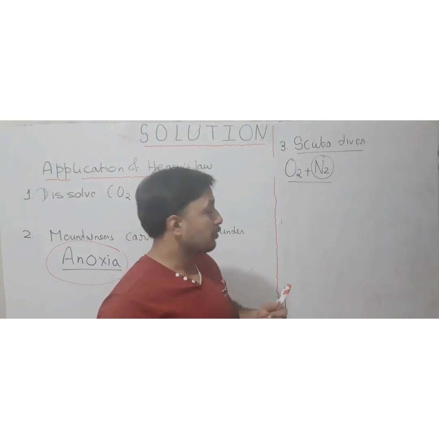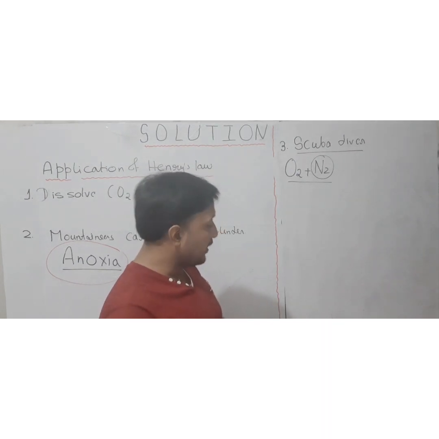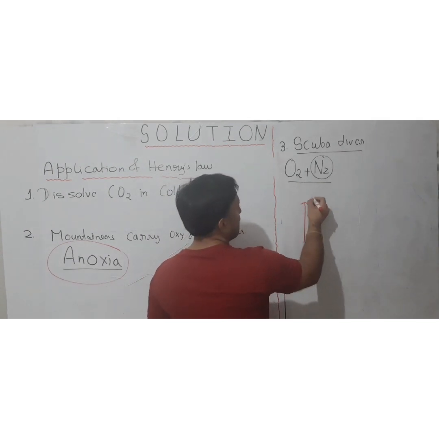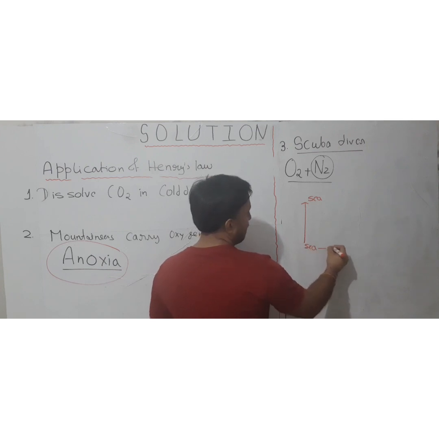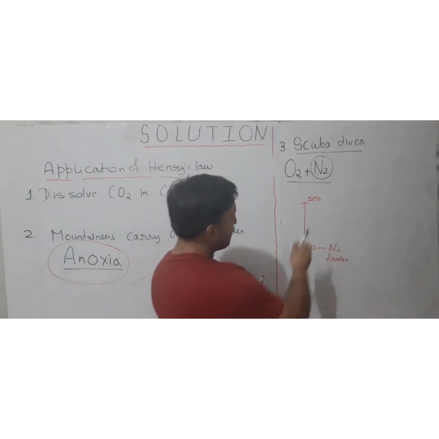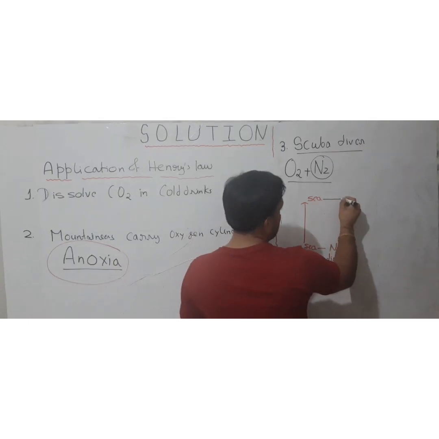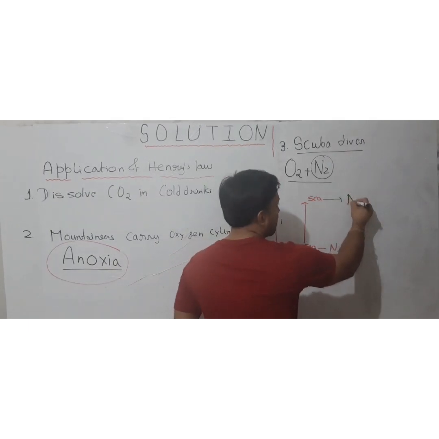Okay, although it will not cause any harm because it's an inert gas, the problem is when the scuba diver comes to the sea surface. Suppose the diver is here and here the nitrogen is dissolved, and when it comes to the sea surface, then at the sea surface the normal pressure condition is there, so it starts releasing the nitrogen gas.